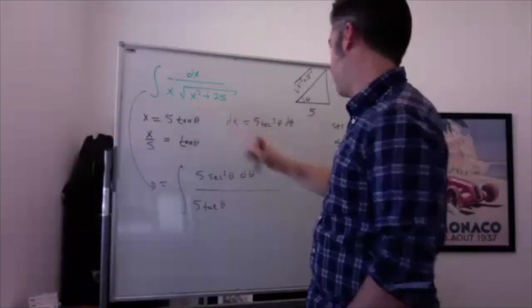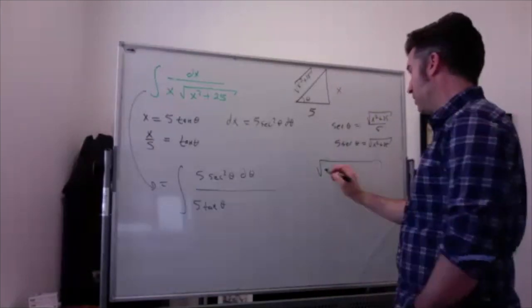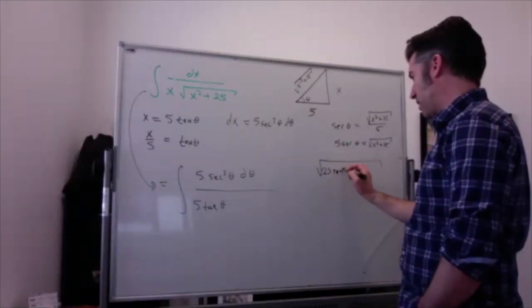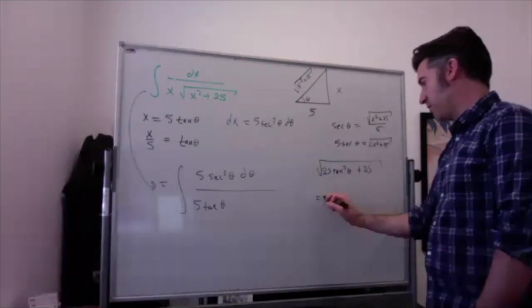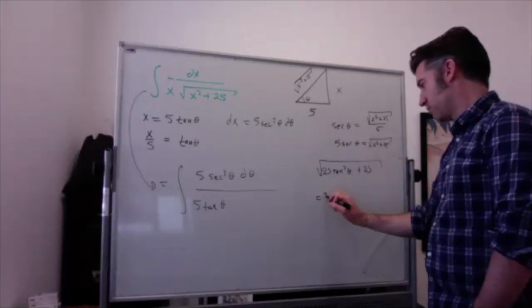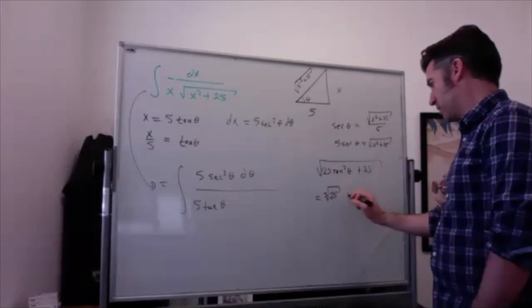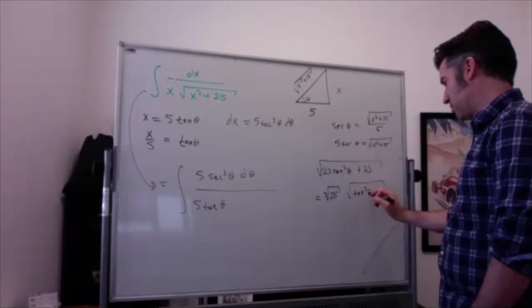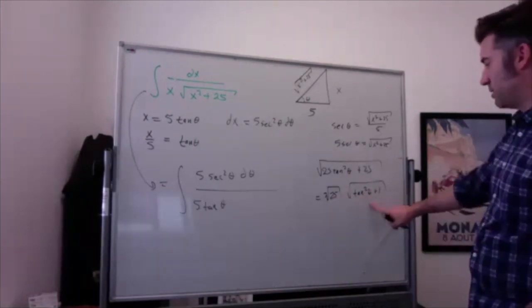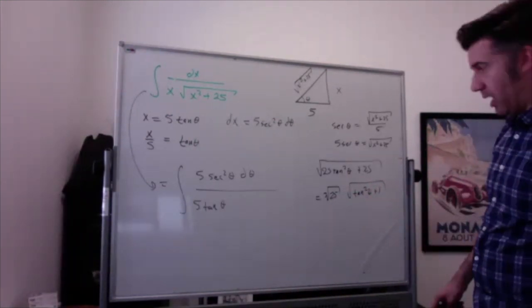Then you'll have the square root of 25 tangent squared plus 25. Factor out the 25, and you have the square root of tangent squared plus 1, which is just secant squared. So there's your 5 secant theta.